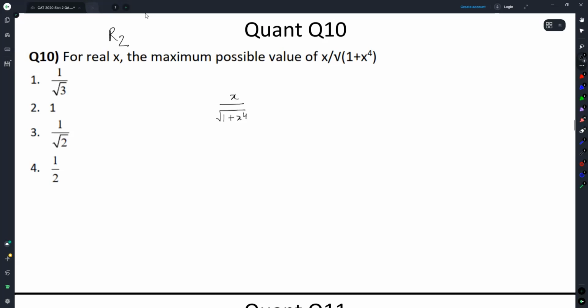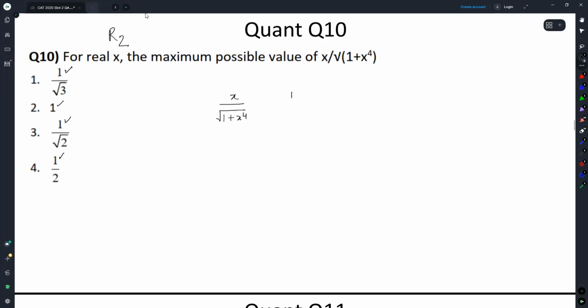What is helping me is that I'm getting the numerator as 1 in all the 4 options. So I'm trying to get the numerator here as 1.